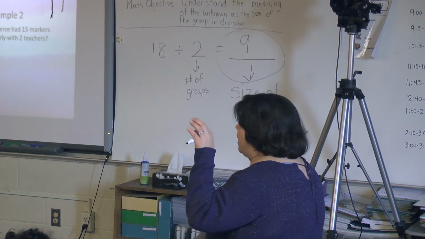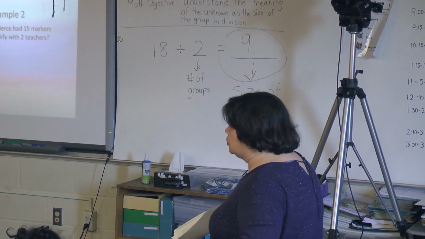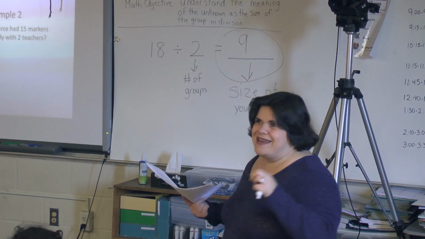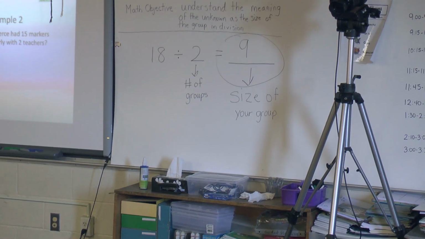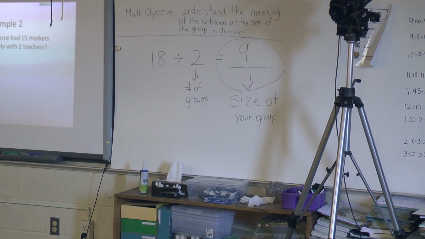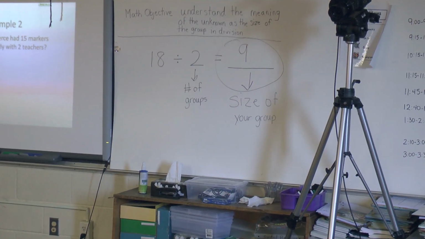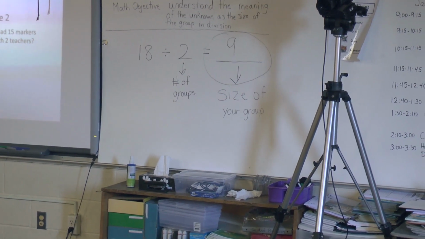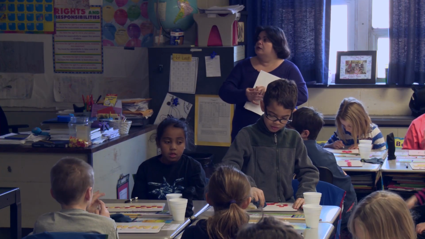So we took 18 markers, we divided them into 2 equal groups. We had 9 in each group. So that is the size of your groups. Perfect. Good job, Gabe. Awesome. Nice job.